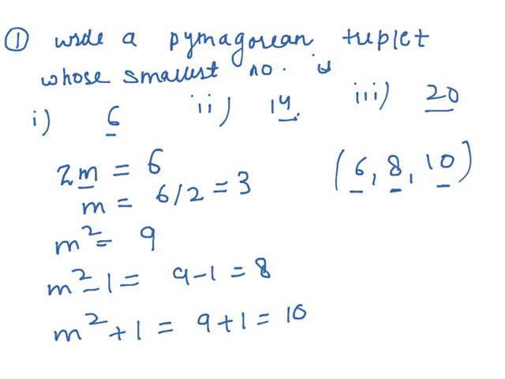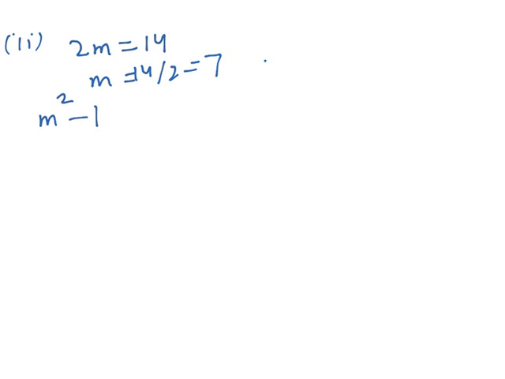The second, we have the smallest number as 14. It means we have 2m equals 14. So here m is equal to 14 divided by 2, we will get 7. So the other two numbers will be m square minus 1, and here m square we will calculate as 49, 7 square.